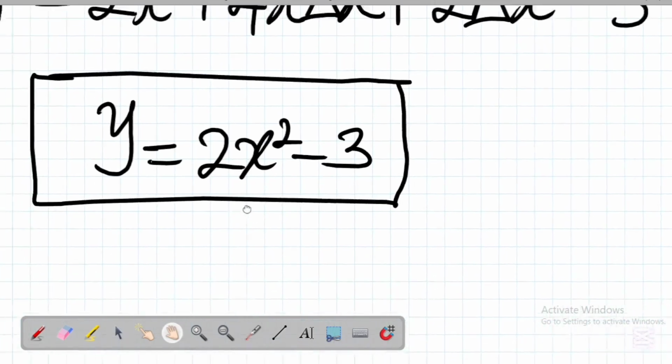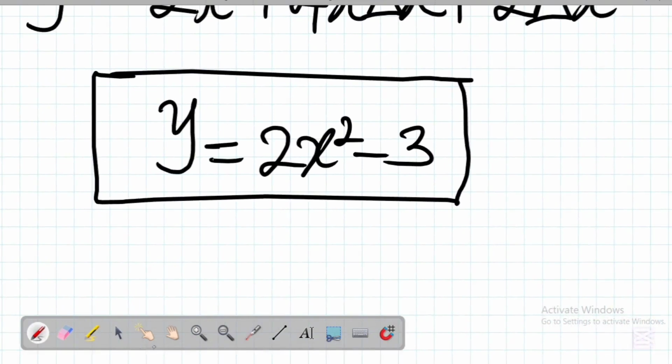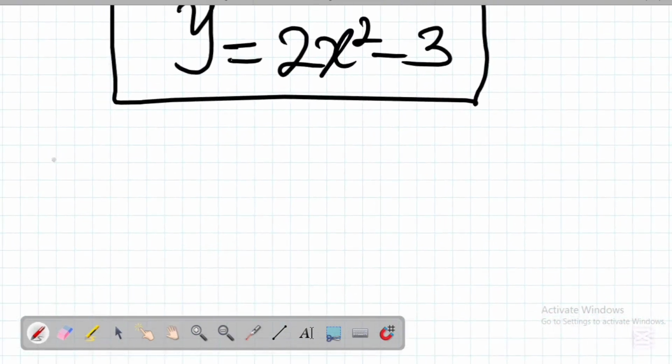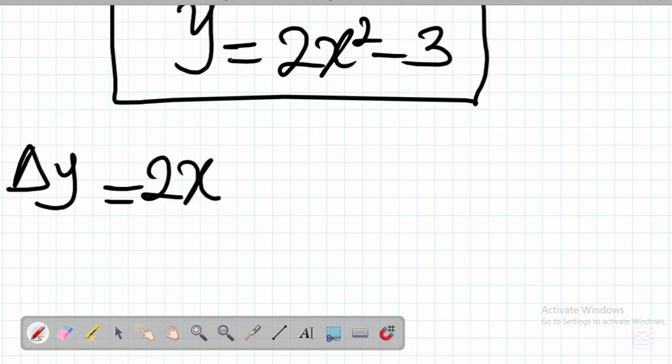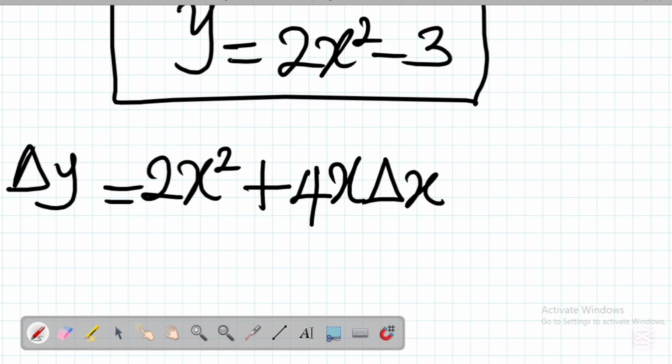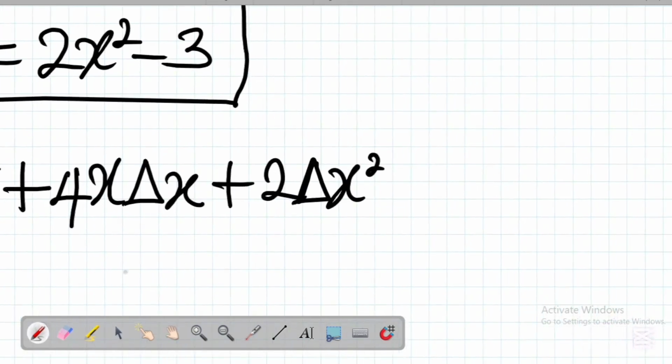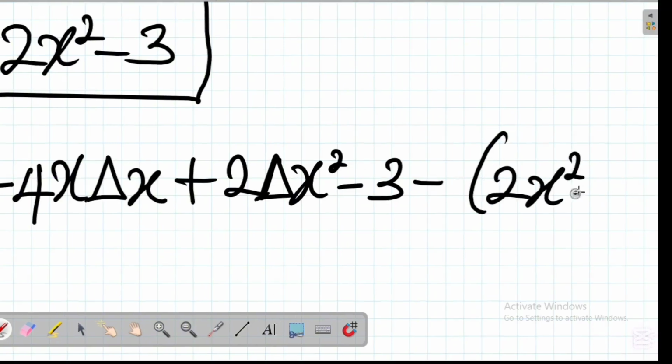So if we substitute y into the equation, we would have changing y equals 2x squared plus 4x changing x plus 2 changing x squared minus 3 minus, open bracket, 2x squared minus 3, close bracket.